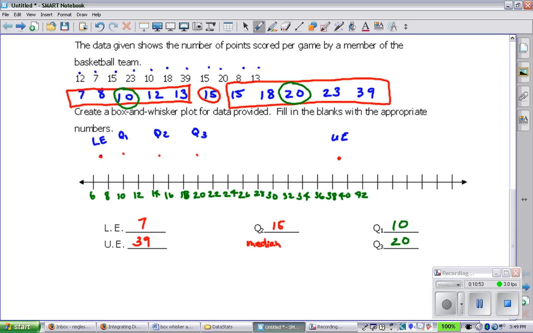We're going to draw a line to connect the lower extreme to the first quartile. We're going to draw a little vertical line about yay big from quartile 1. We're going to draw another little vertical line about yay big at quartile 2, and then the last one at quartile 3.